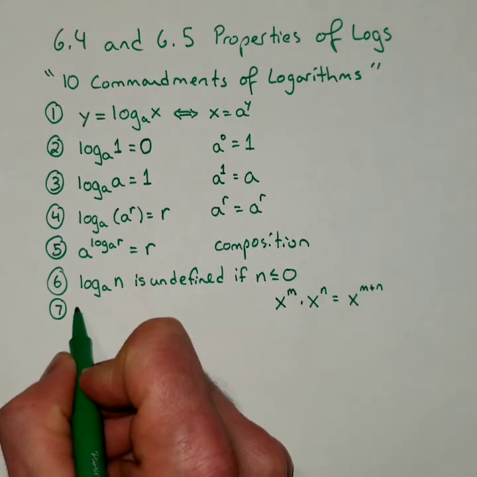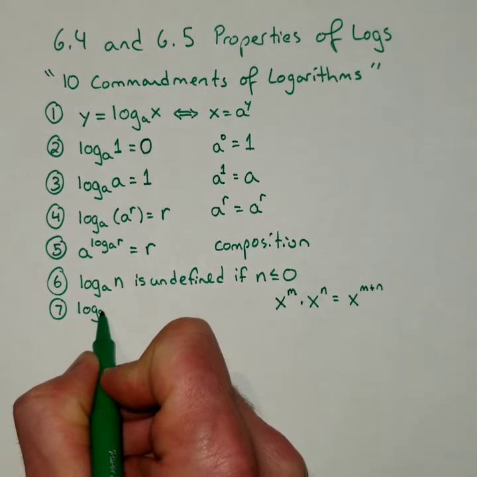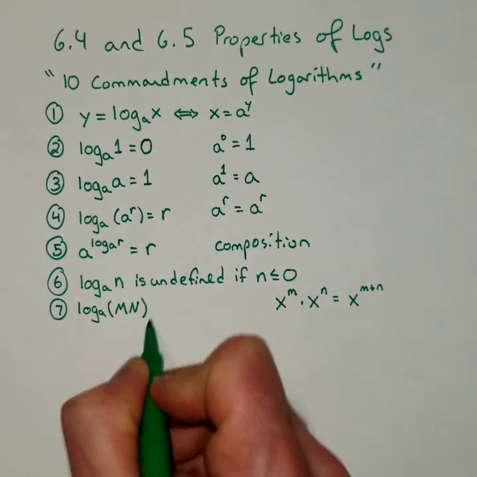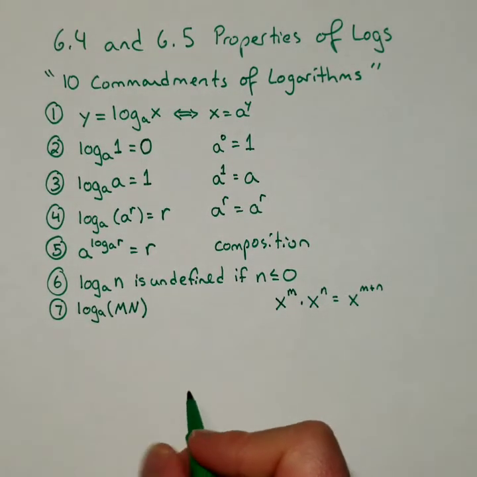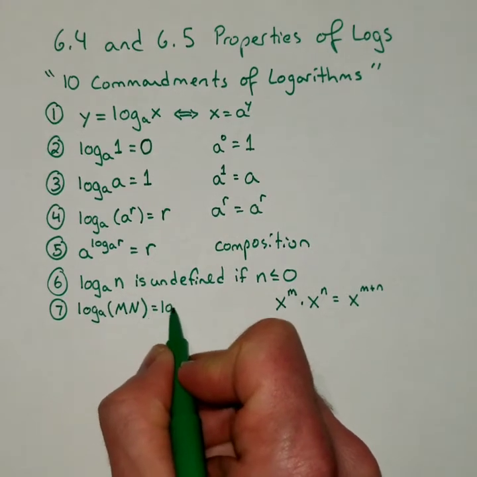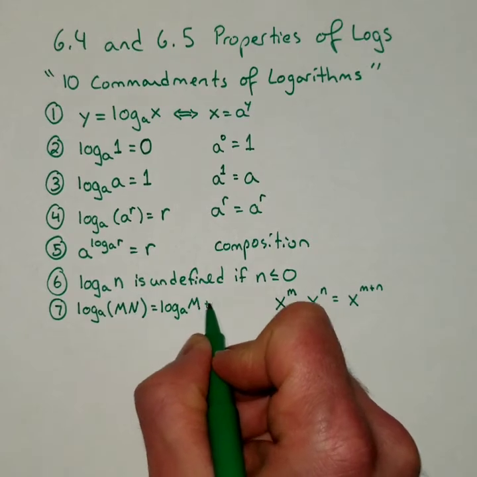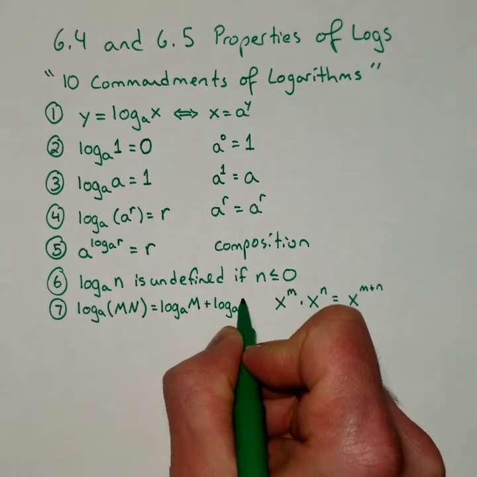And so we're going to write it out as the log base a of a product of two things, we'll call them big M and big N, is going to equal the log base a of the first one plus log base a of the second one.